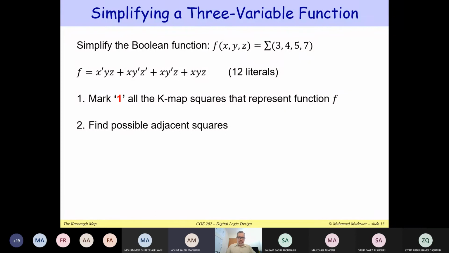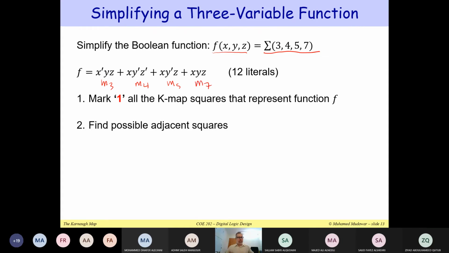So let us now simplify a 3-variable function. I'm going to write a list of minterms. This is the function f, given by this list of minterms in sigma notation. I can write it algebraically. Notice that this is minterm 3, this is minterm 4, this is minterm 5, and this is minterm 7.